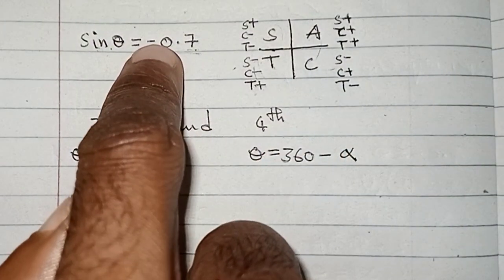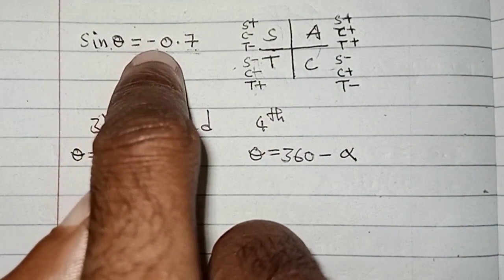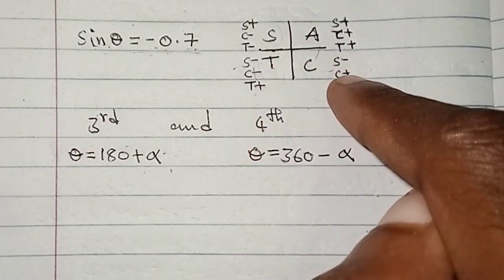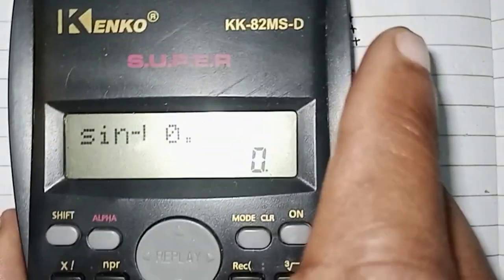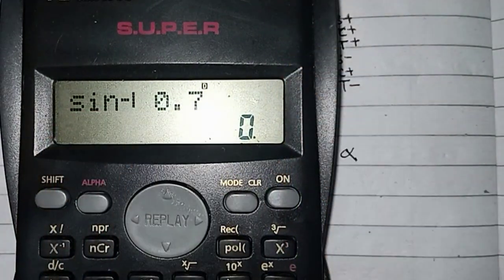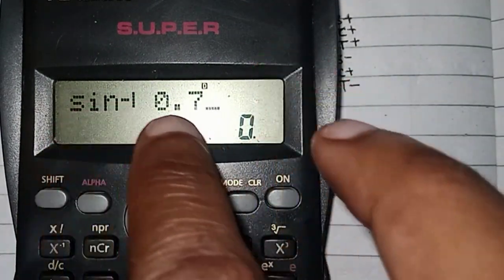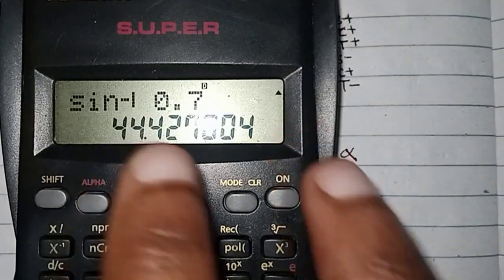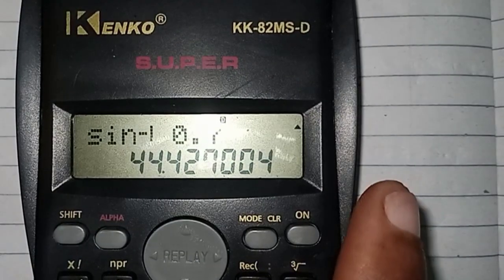We have already used this negative. Remember, it helped us to identify that the sine is negative in the third and fourth quadrant. So when we're punching on a calculator, don't put the negative in front. You just say sine inverse of 0.7 equal to, and this will give us 44.42.